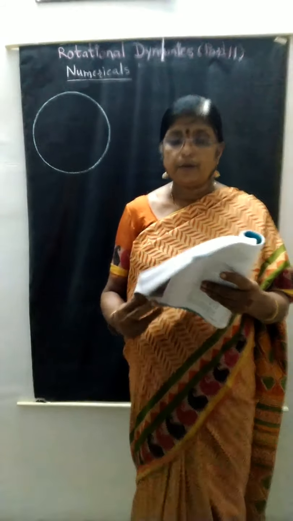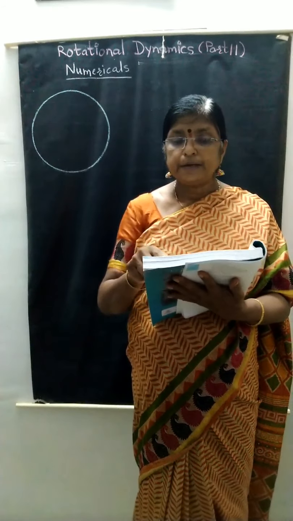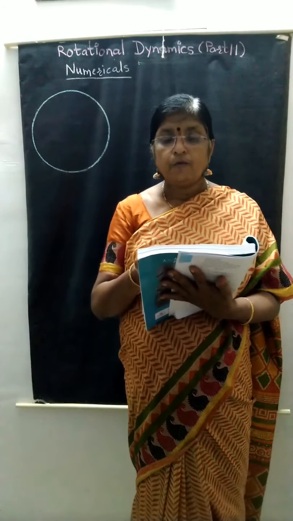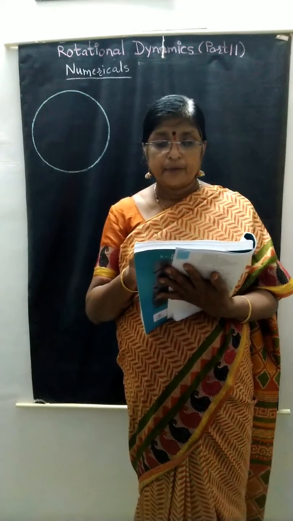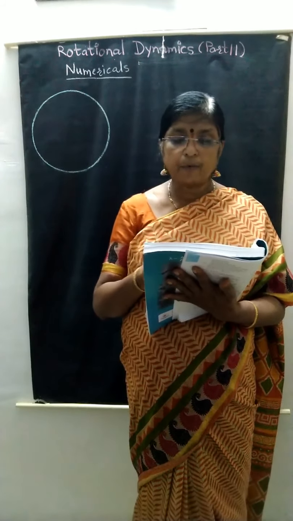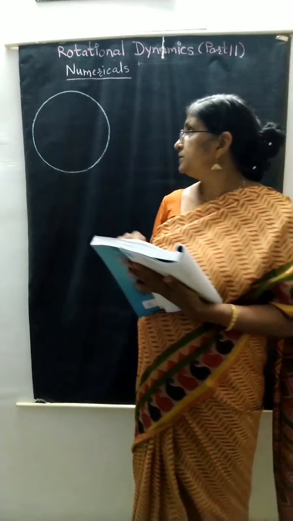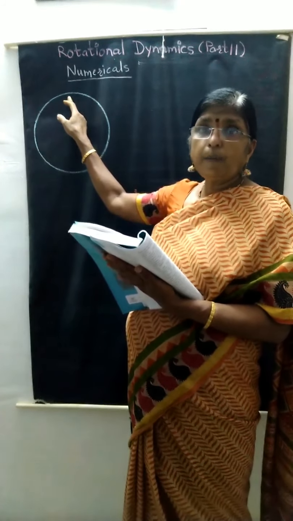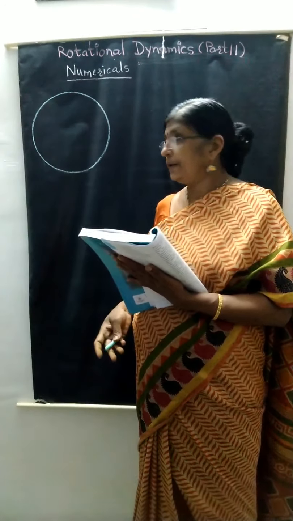The speed of the motorcycle varies between 6 meter per second to 10 meter per second. We are asked to find out the diameter of the sphere and how much minimum values are possible for these two speeds. Means we have to find out the minimum speed at the top of the sphere and minimum speed at the bottom of the sphere.